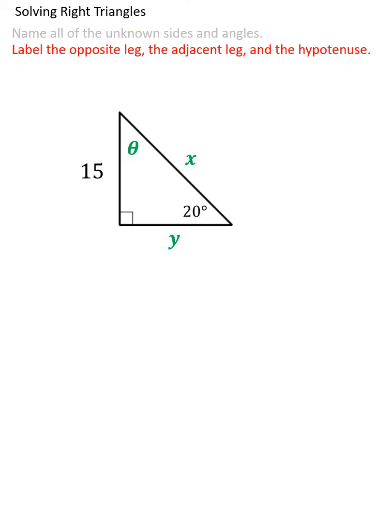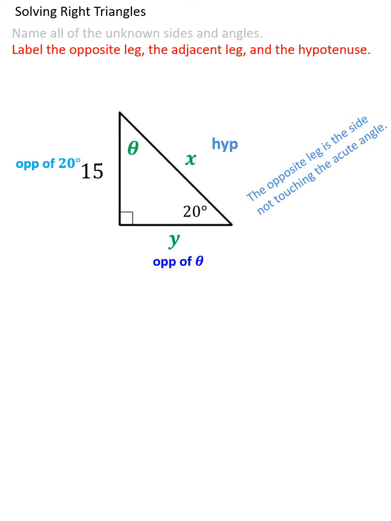Next, I like to label the sides as opposite, adjacent, or hypotenuse so that I can use my trigonometric proportions that we developed earlier. Well, the hypotenuse is the side that's not touching the right angle, so clearly the hypotenuse would be x in this particular case. But when it comes to opposite and adjacent, it really depends on the angle that you're referencing.